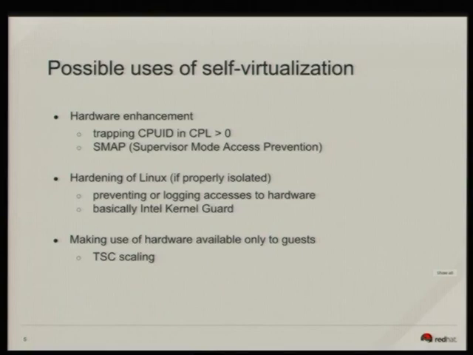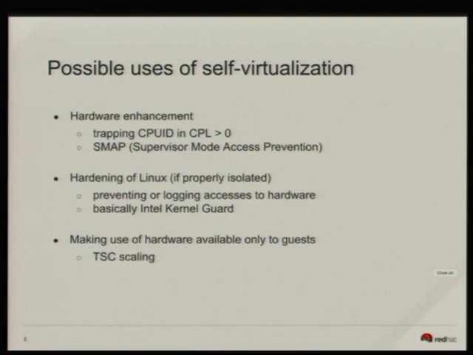So, for example, new Intel processor features like trapping CPUID while in user space, or supervisor mode access prevention, which prevents the Linux kernel from accessing user mode data without it being intended, can be implemented even on hardware that doesn't support them, just by trapping from the guest part of our Linux into the host part or hypervisor part.